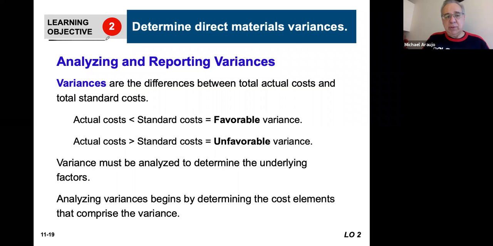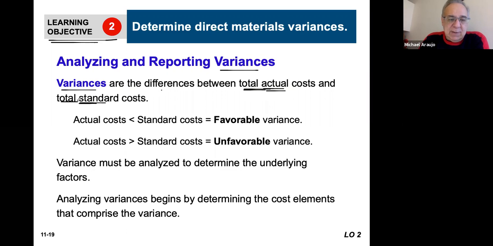So welcome to the second learning objective for chapter 11. Here you're going to be introduced to variances. A variance is basically the difference between the actual cost and the standard cost. And here we're looking at total actual costs compared with total standard cost.